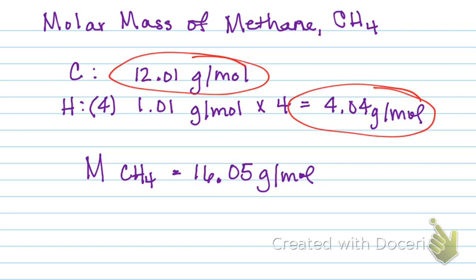I just added those two parts up like that. All right, everybody good? Perfect. No matter how complex the compound is, we would do that same thing. So it doesn't make it any more difficult just because there's more elements to it.